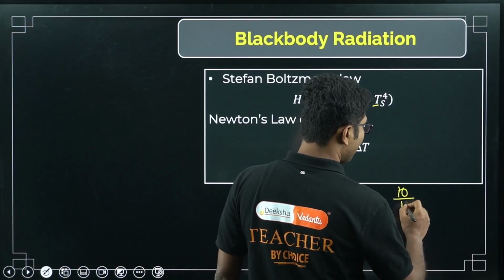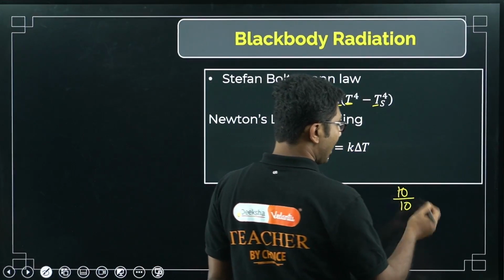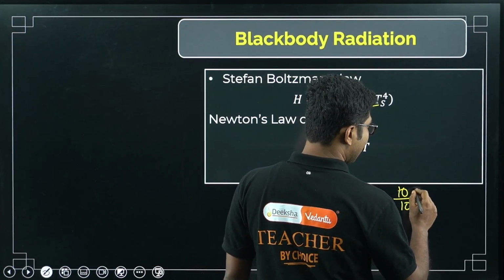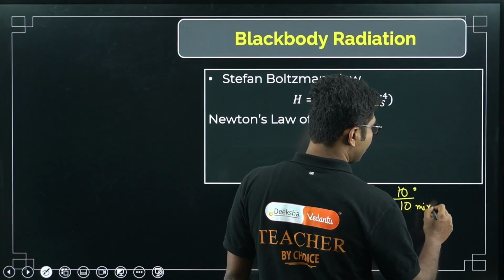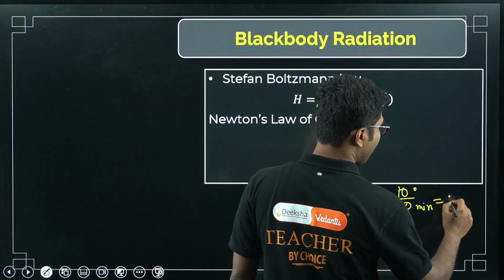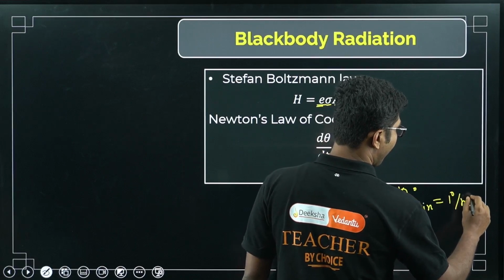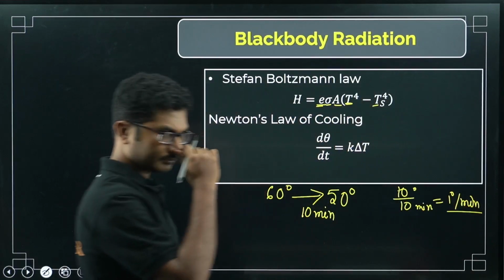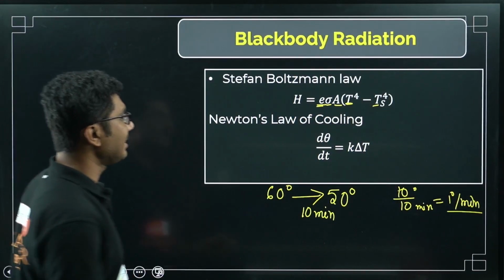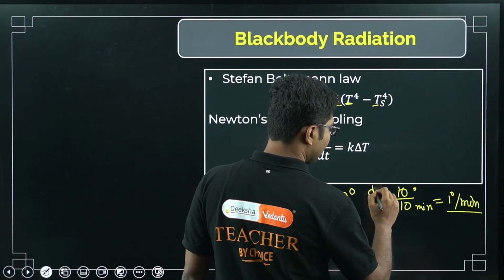And how much time was taken? Time taken is 10 minutes. So rate of change of temperature is 1 degree per minute. So this is the d theta by dt.